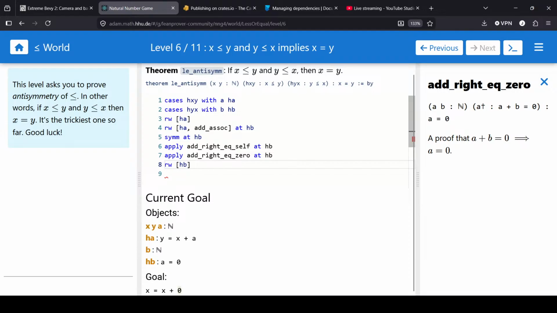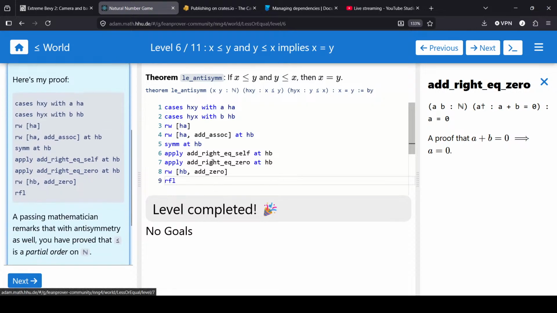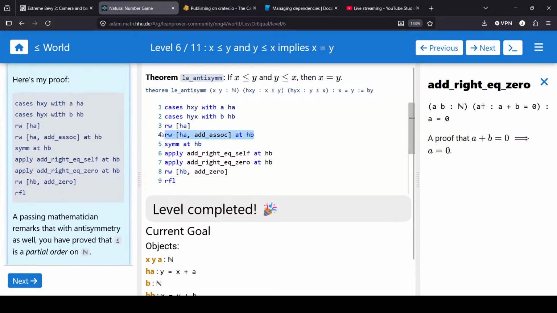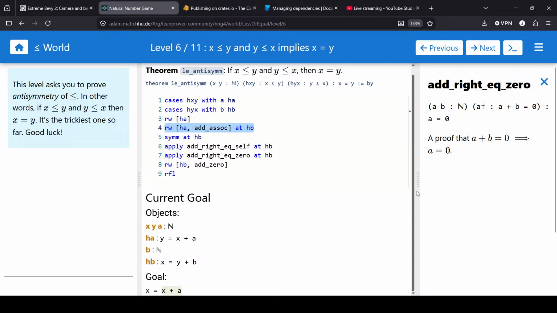Help. Helpers. Add_zero. Oh my god. Okay, fine. Ruffling my feathers. I didn't need to do this, huh? Or did I? No, I did. No, all of that was necessary. Everything necessary. Okay.